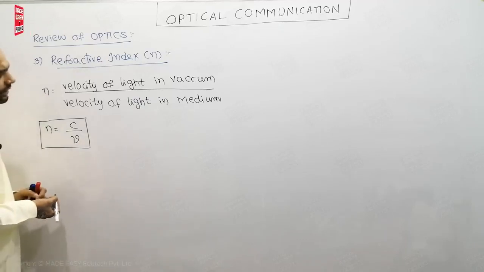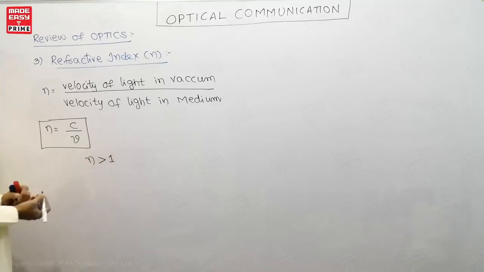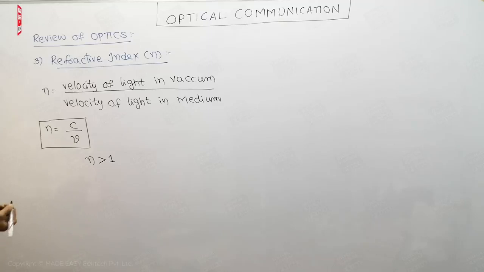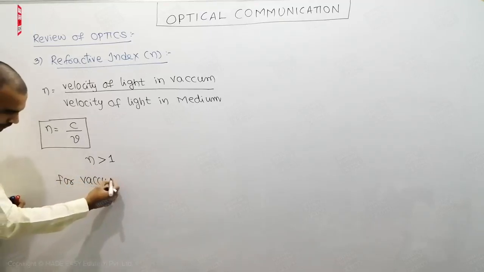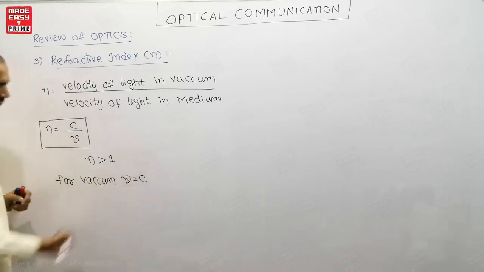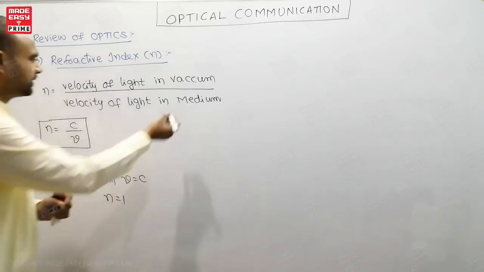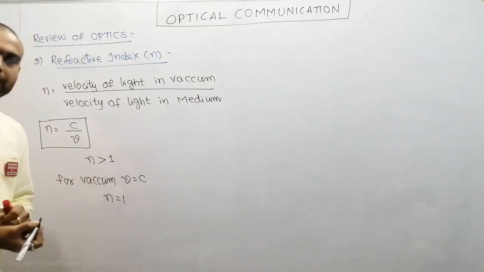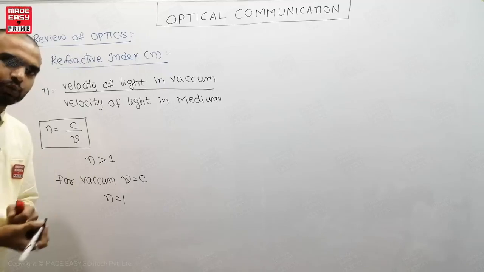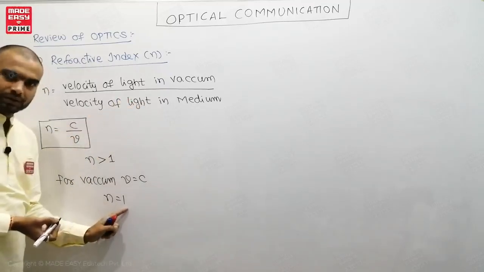The n value should always be greater than 1. The reason is, for vacuum, v is equal to c, then n is equal to 1. If you consider the velocity of light in a medium that is a vacuum, then v is equal to c, they cancel, and n is equal to 1.